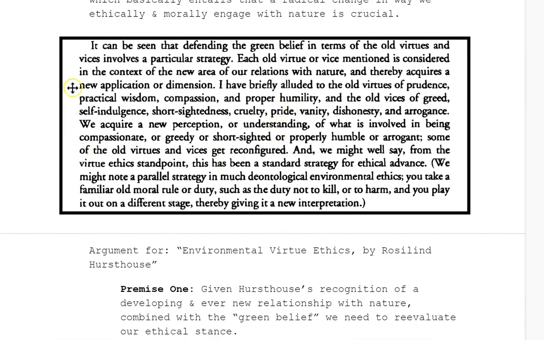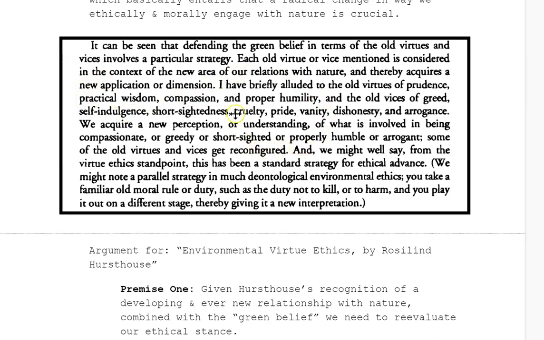So let's read this. So it can be seen that defending the green belief in terms of old virtues and vices involves a particular strategy. So each old virtue or vice mentioned is considered in the context of a new area of our relations with nature, and thereby acquires a new application or dimension.